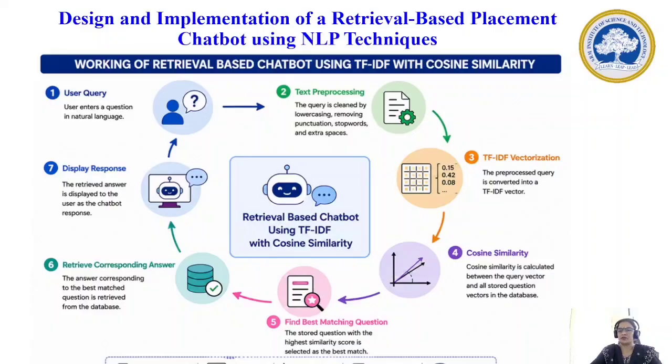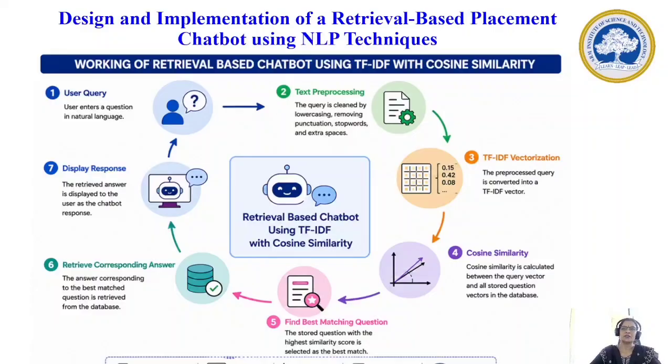After text preprocessing, next we implement term frequency and inverse document frequency vectorization. After that, it uses cosine similarity. Next, it finds the best matching question from the database, retrieves the question and the relevant answer from the database, and responds with the answer to the user query.